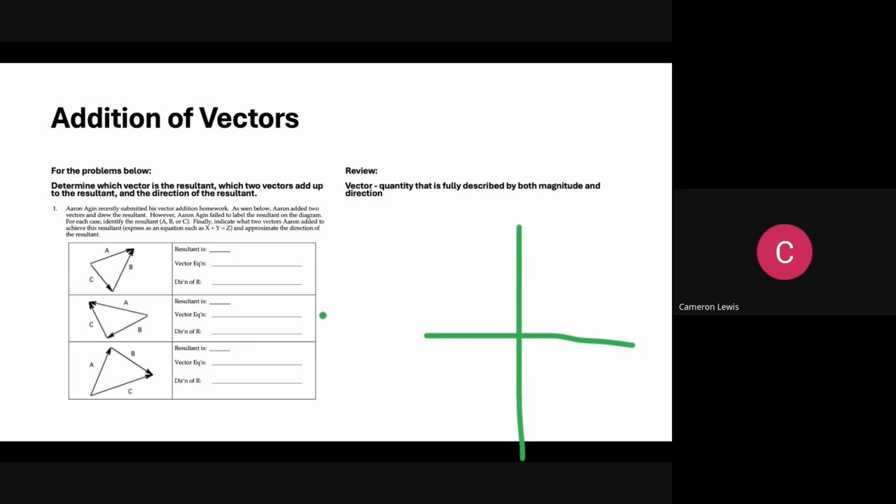All right, so now let's do that again, but for all of them. One more time, we got two more. Would it be B plus C equals A again? Yes. So then what is the resultant? A. So you got B plus C equals A, and then give me a direction.